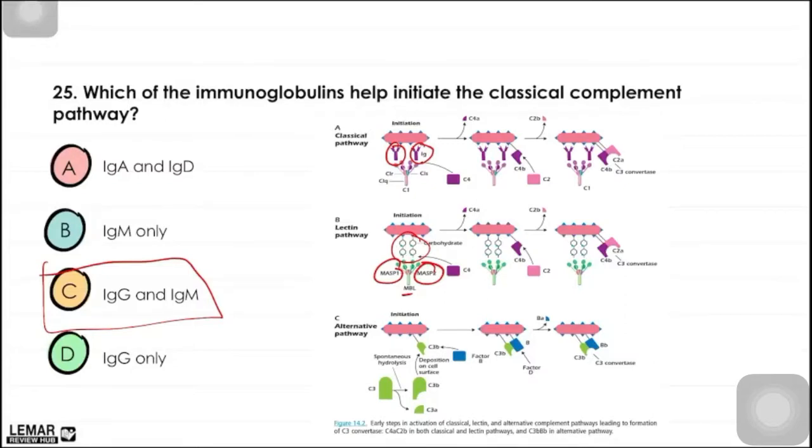So we have your alternative pathway. Remember the activators: it is triggered by almost any foreign substances, in the absence of specific antibody. Thus, the alternative pathway is a key part of the innate or natural immune defenses.